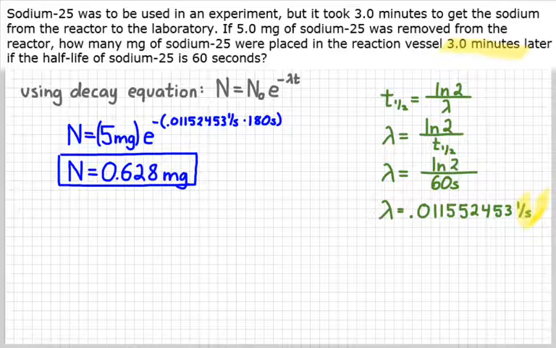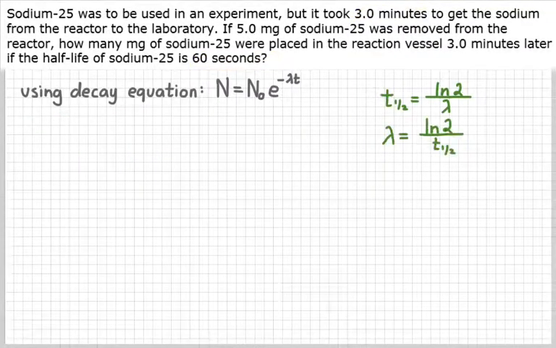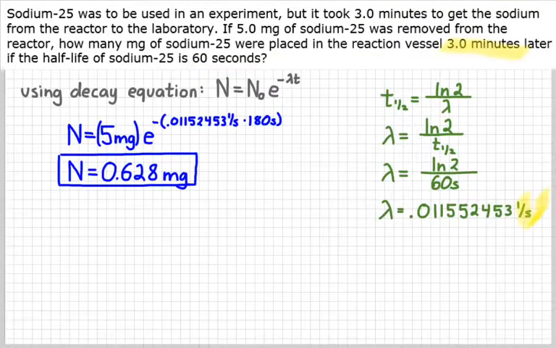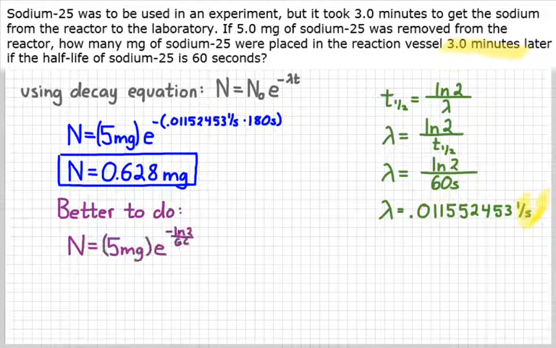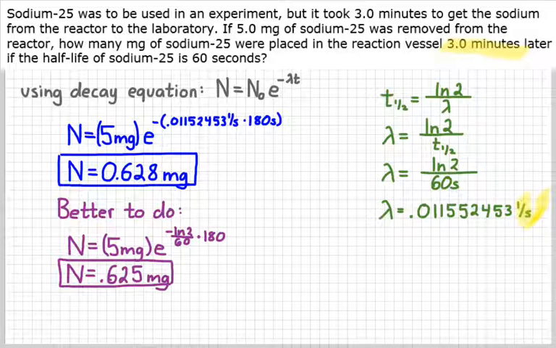Notice that it's pretty close to the number we got before, but not exactly the same. The reason that it's not exactly the same is because we rounded off that natural log 2 over 60. So if I write it more like that, where I just keep it as natural log of 2 over 60, when I plug it into my calculator, I get the exact same answer that we got before.